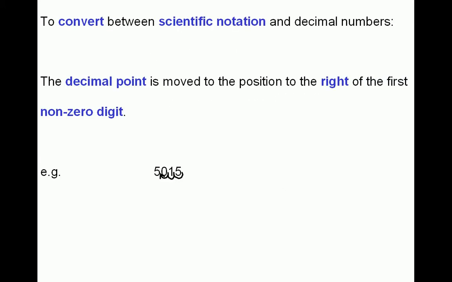So to convert between decimal notation and scientific notation, the decimal point is moved to the position to the right of the first non-zero number. So here I have the number 5015, and to move the decimal point to the right of the first non-zero number, I would need to go 1, 2, 3 spaces to the left.